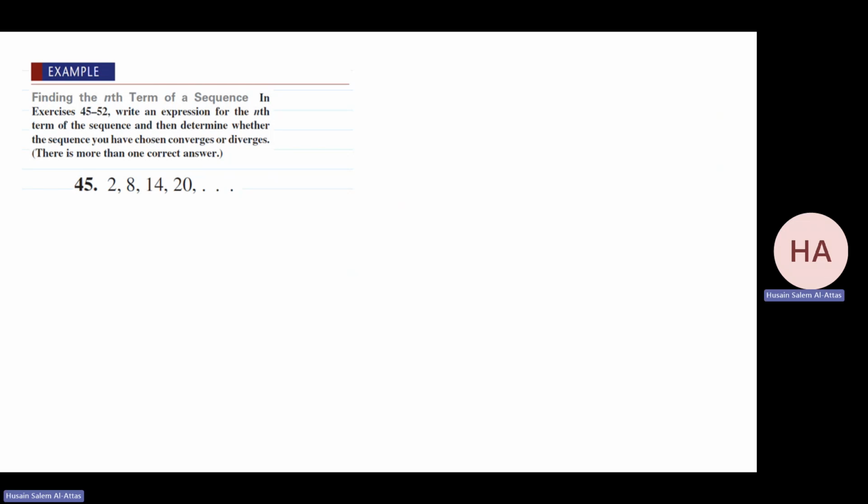How to think about it? This is 2. What's the difference? This is 2 plus 6, this is 8 plus 6, this is 14 plus 6. So I think this should be a recursive way.